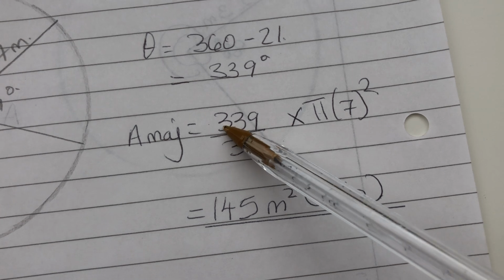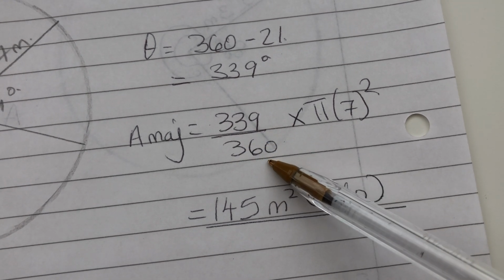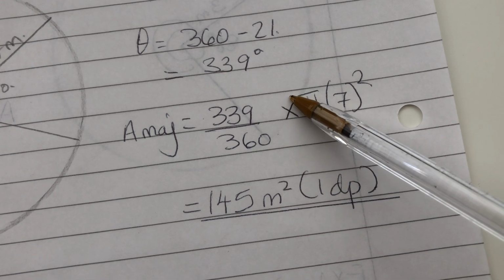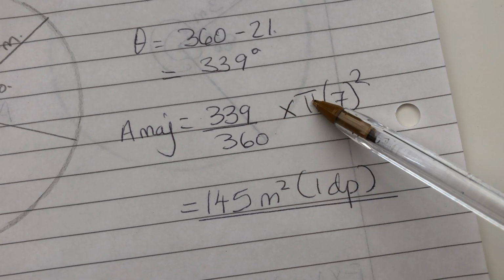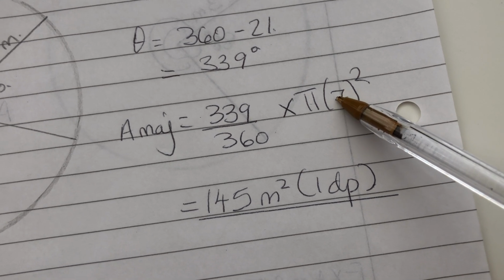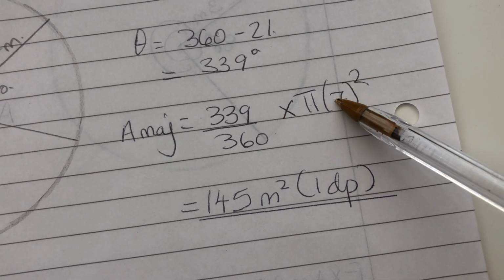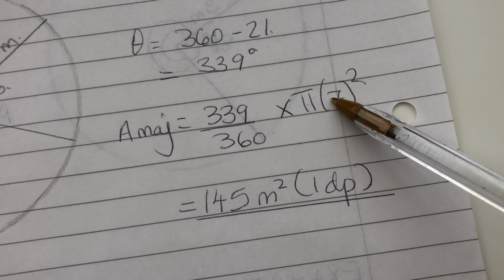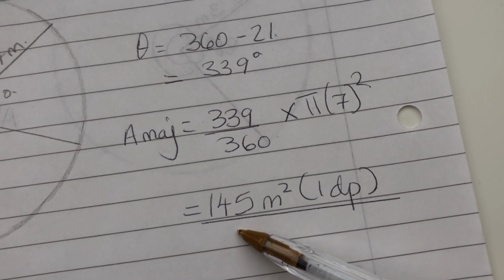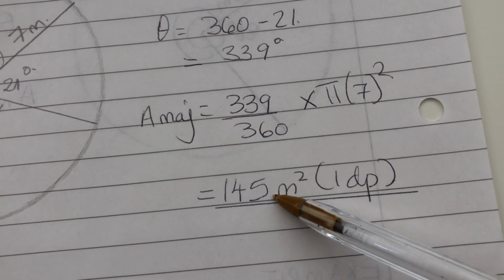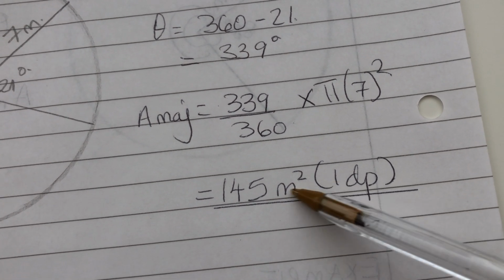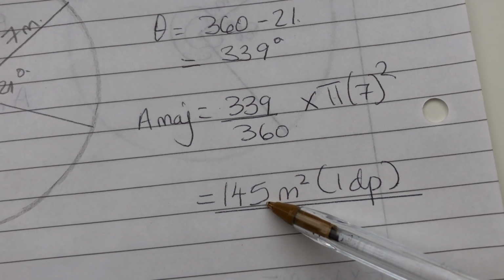Or you can do 339 divided by 360 on the calculator, multiply by pi, and then multiply by 7 times 7, which is 49. You should get an answer like that. This answer, 145, is to the nearest whole number. This is not one decimal place.